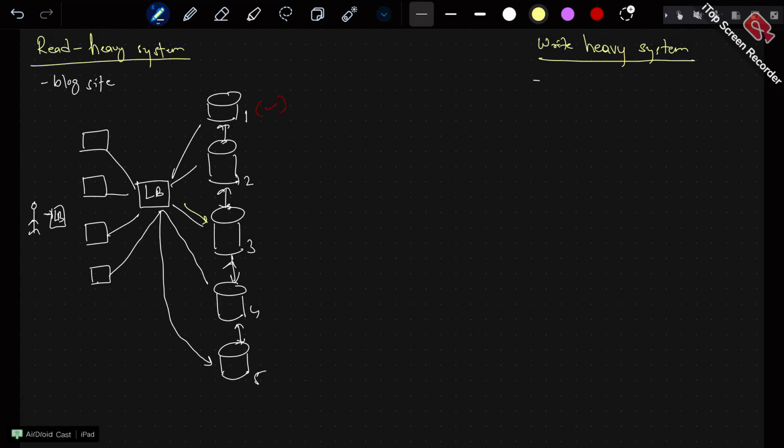No, the load balancer, see, in most system design, the load balancer is the dumbest component. It will not do all this important business logic and these details.